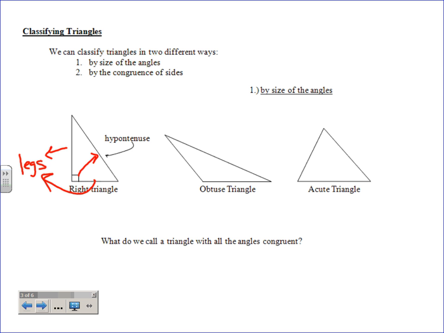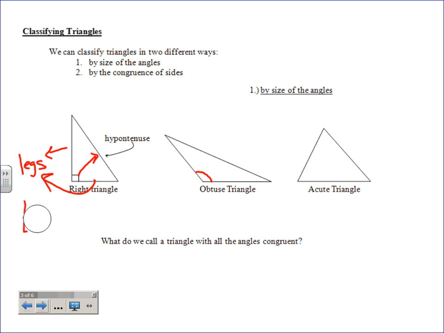I don't know if I asked this question later or not, so I better look. No, I don't. So is it possible for a triangle to have more than one right angle? No, because if it had 2 right angles, that's not going to work so well, is it? How about an obtuse? Obtuse means what again?